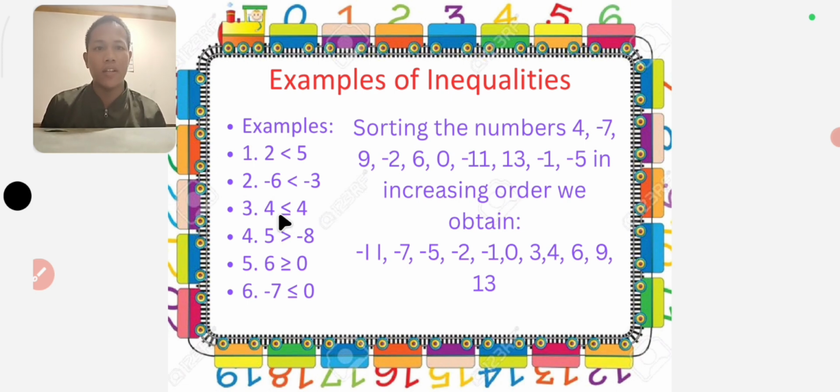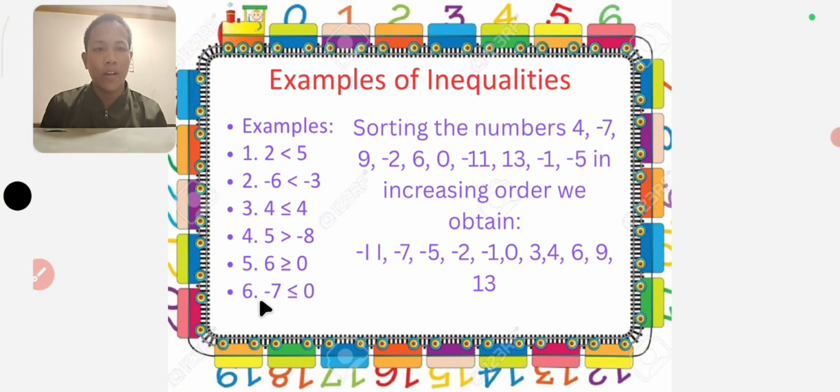This one, 4 is less than or equal to 4. It is true that 4 is equal to 4. This one, 5 is more than negative 8, and 6 is more than or equal to 0. Although 6 is not equal to 0, it is more than 0, so it satisfies the notation.